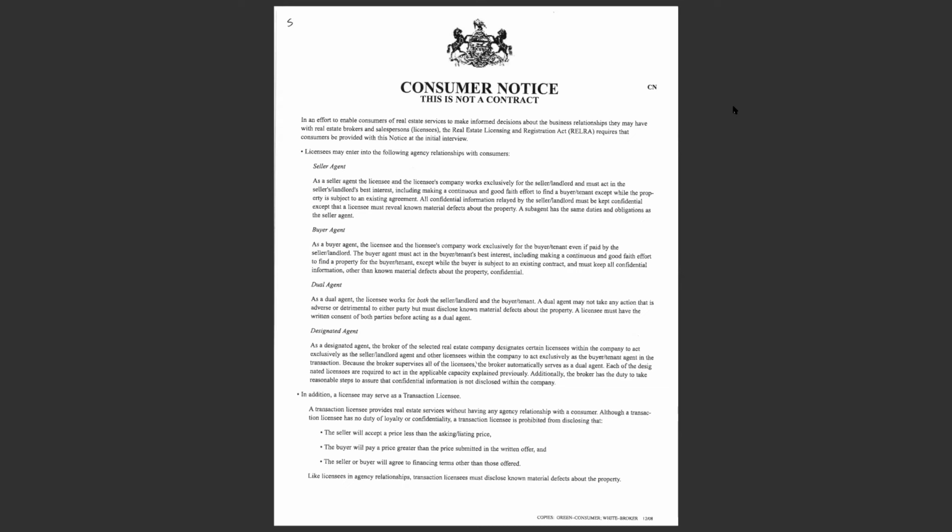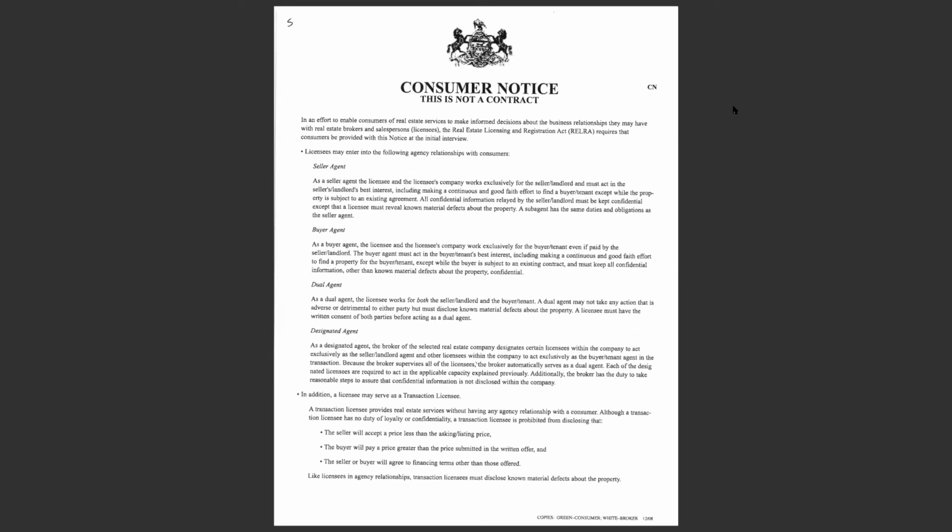Licensees may enter into the following agency relationship with a customer. It could be the relationship is that of a seller agent. A seller agent, the licensee, and the licensee's company work exclusively for the seller or landlord and must act in the seller or landlord's best interest, including making a continuous and good faith effort to find a buyer or a tenant, except while the property is subject to an existing agreement.